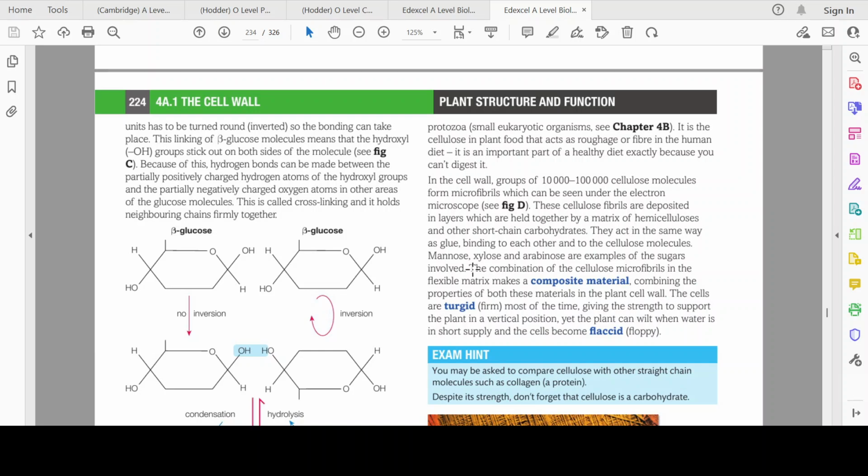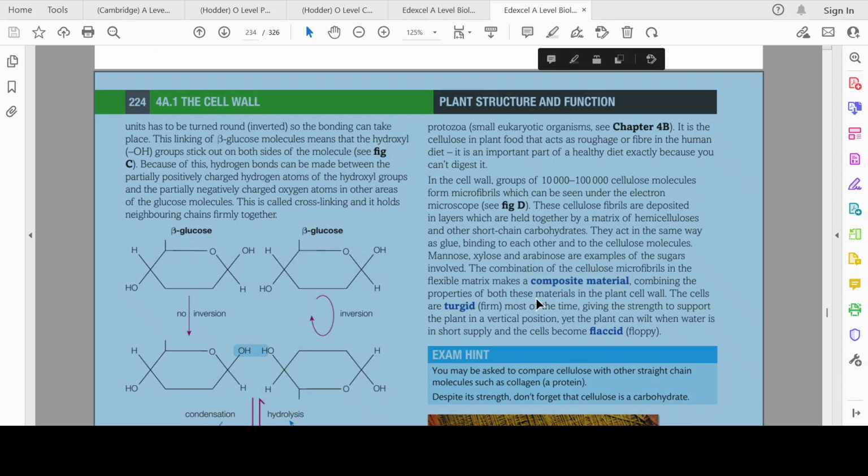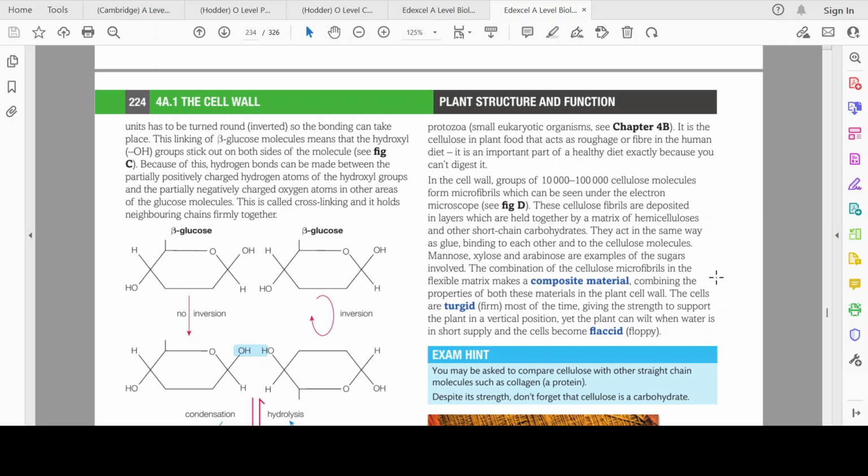All of that together makes what's called a composite material. And as we talked about earlier with osmosis, in plant cells the cell wall helps with the turgidity of the cell, which keeps the cell firm and helps keep the plant standing upright.